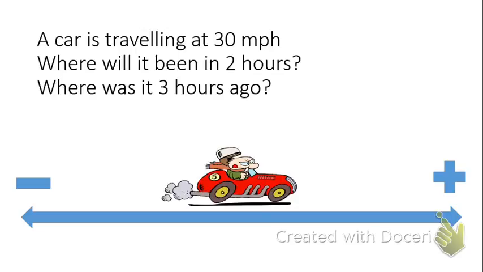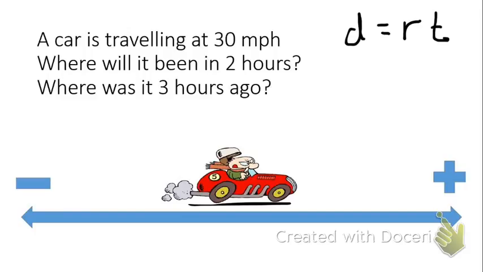So let's take this for example. If a car is traveling at 30 miles per hour, where is it going to be in 2 hours? In order to answer this, first we need to use our dirt equation. Now, we still don't know the distance, that's what we're trying to find out.